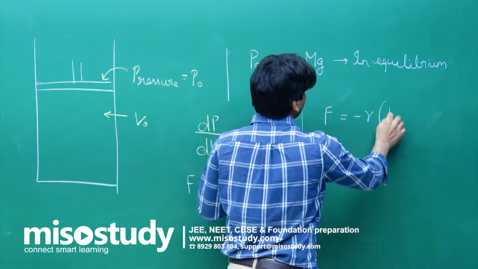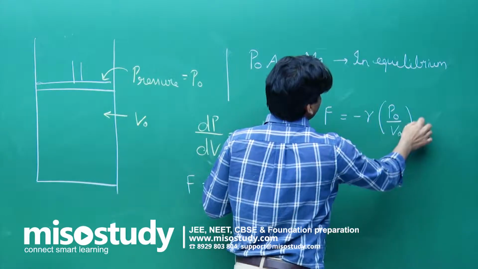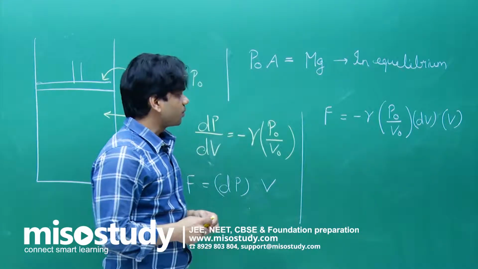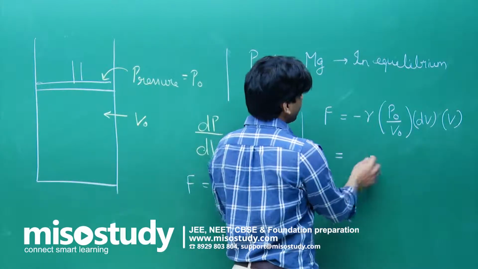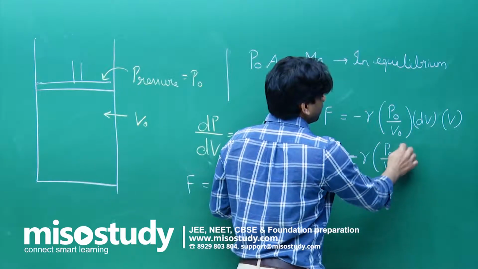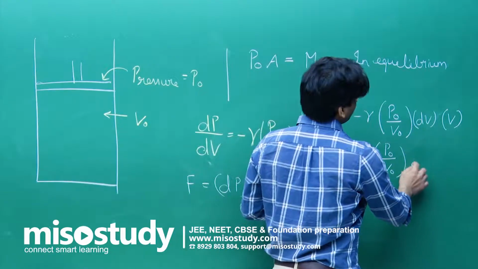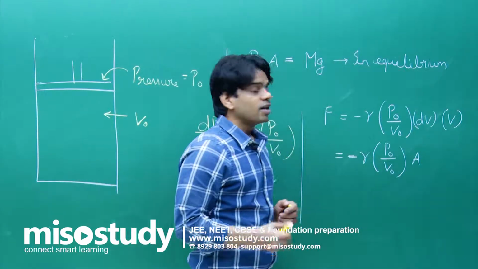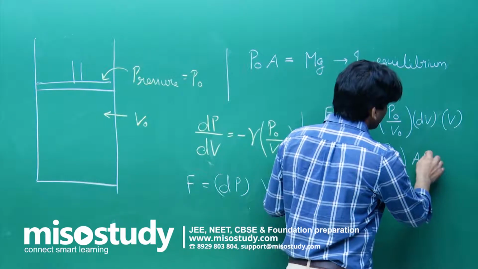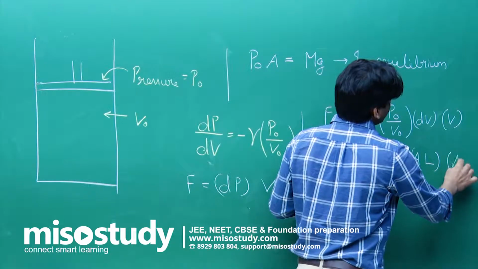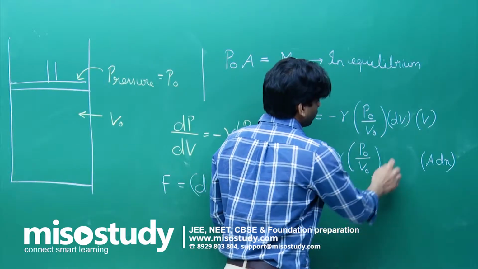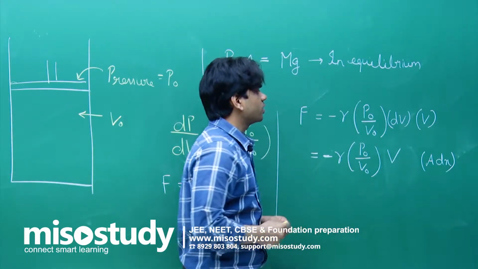So finally, you will be getting this as minus gamma P naught by V naught. dV will come out to be A into dx, and V will be equal to A into length L. That is what you can comment. Here you will be getting dV as A into dx. V naught is actually given, so let's keep it as V.